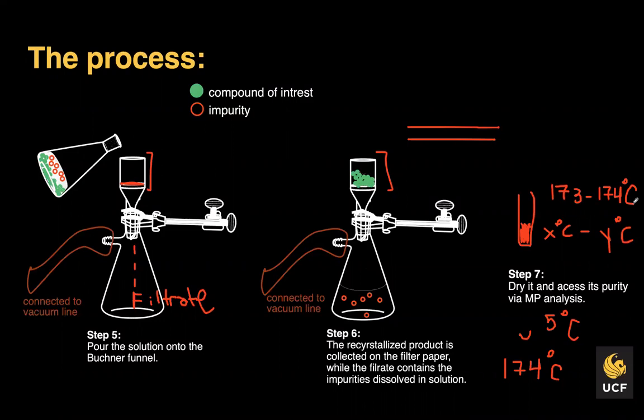But should you run a synthesis and the final product is impure, and you have an idea of what type of impurities are present, then recrystallization might be the way to go, right? You could tell that impurities are present from melting point analysis, from proton NMR, from running IR.